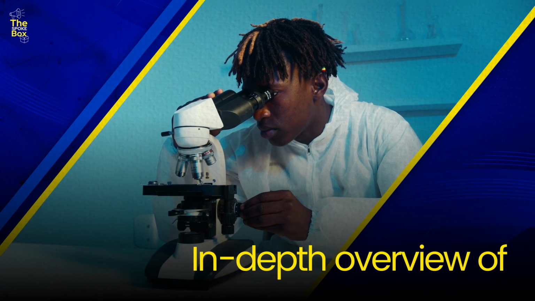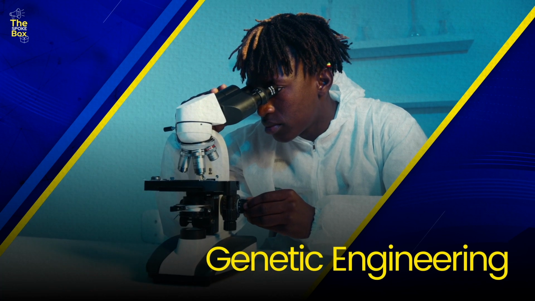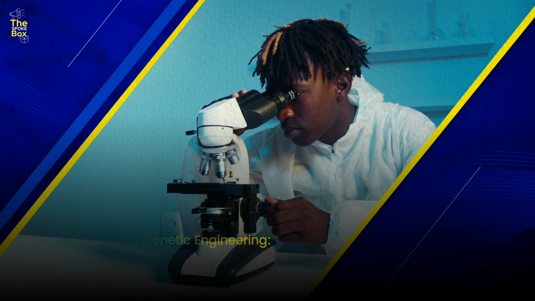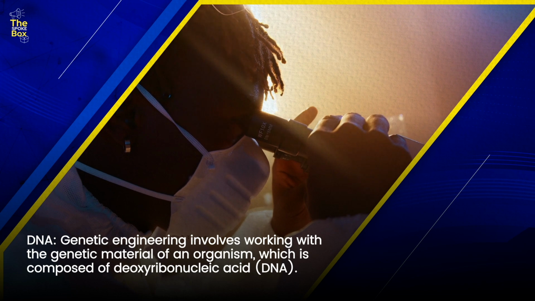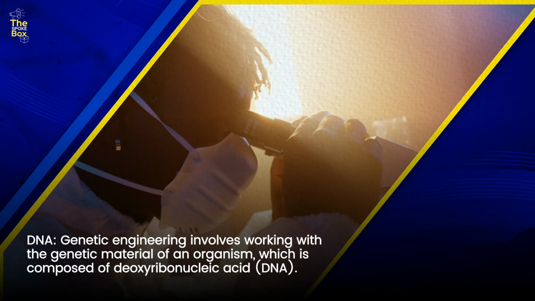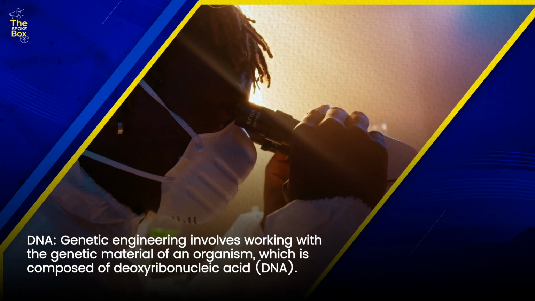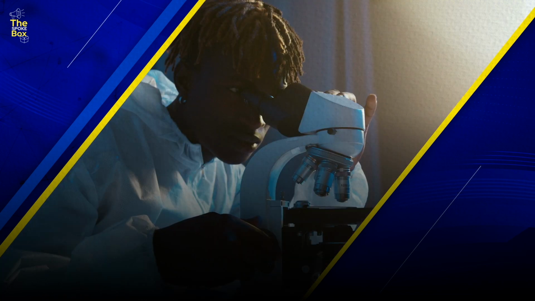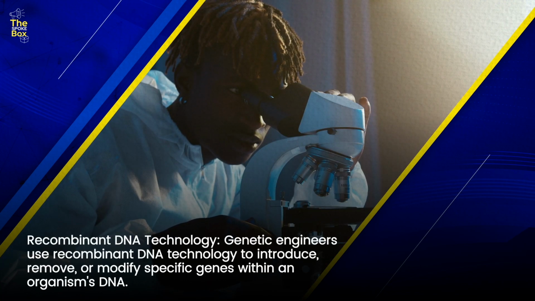In-depth overview of genetic engineering. Basic principles of genetic engineering. DNA. Genetic engineering involves working with the genetic material of an organism, which is composed of deoxyribonucleic acid, DNA. Recombinant DNA technology.